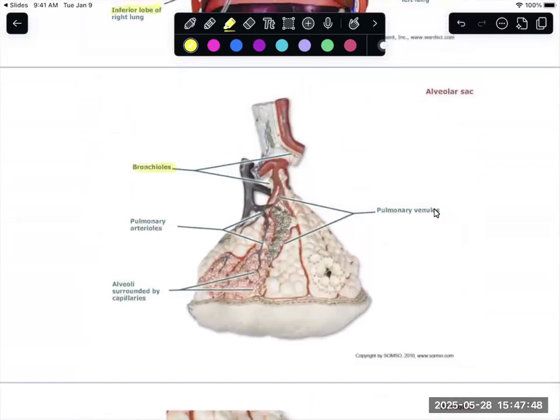If you've looked at the lecture PowerPoint, you can kind of see this broken down better. But each of these little grape things, those are our alveoli. This is where gas exchange actually occurs.